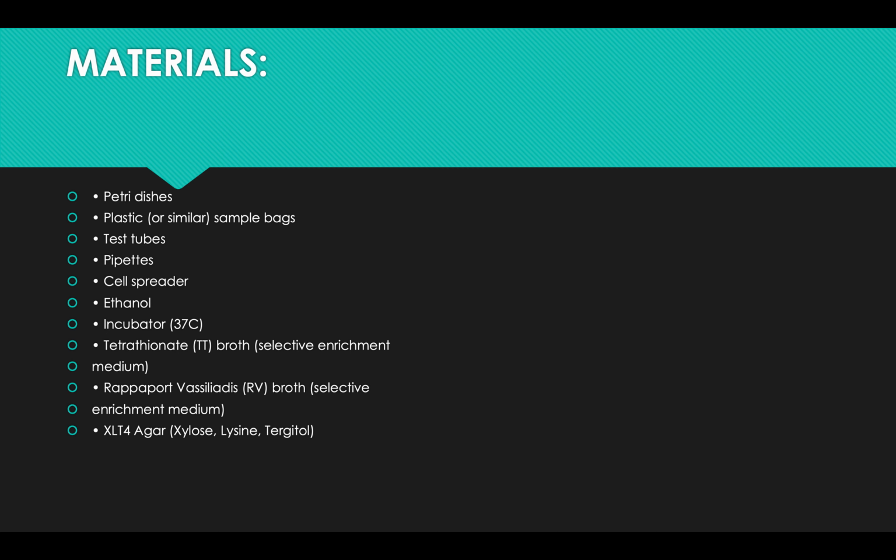For this experiment, what we are going to need is petri dishes, plastic sample bags, test tubes, pipettes, cell spreader, ethanol, incubator, TT broth, tetrathionate broth medium, which is a selective enrichment medium, RV broth, and XLT4 agar, which contains xylose, lysine, and tergitol.